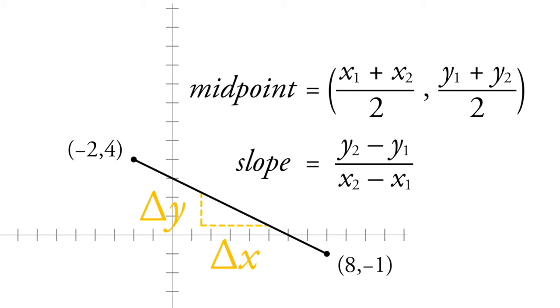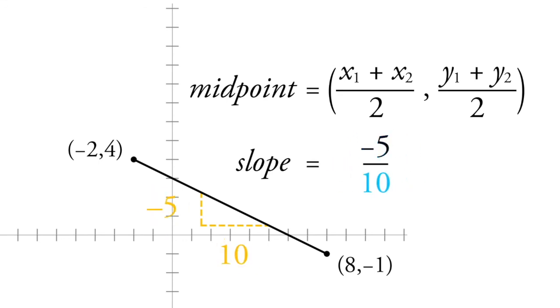So y2 is negative 1 minus y1, so minus 4, and that's our y2 minus y1. And then we'll take our x2, which is 8, and subtract a negative 2 from it. That's our x1. And we'll work that out: negative 1 minus 4 is negative 5, and 8 plus 2 is 10. So that's equal to negative 1/2.